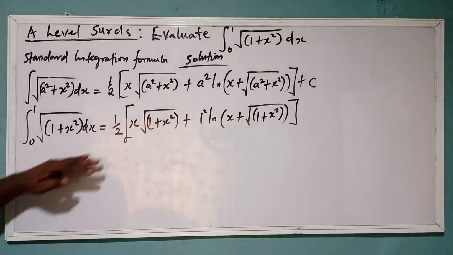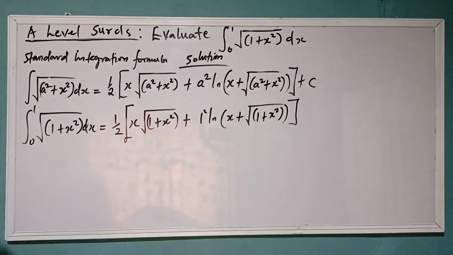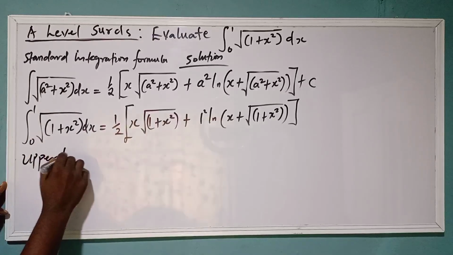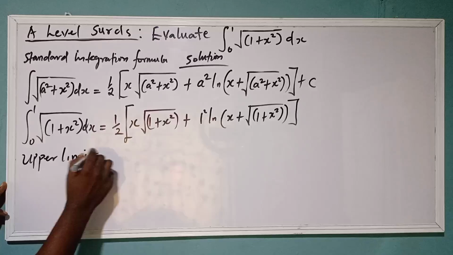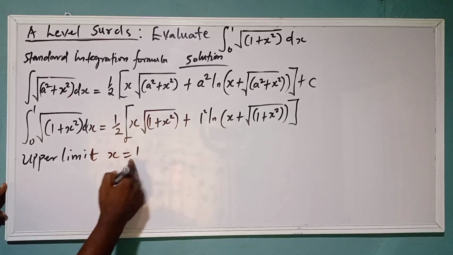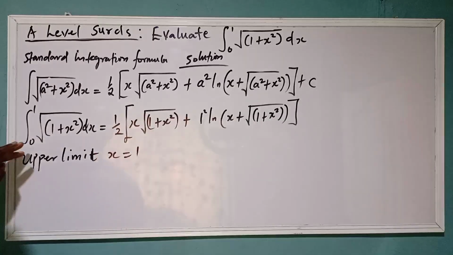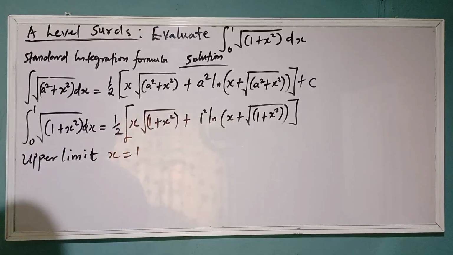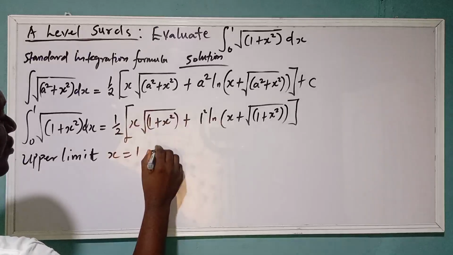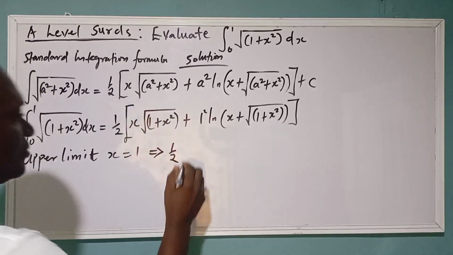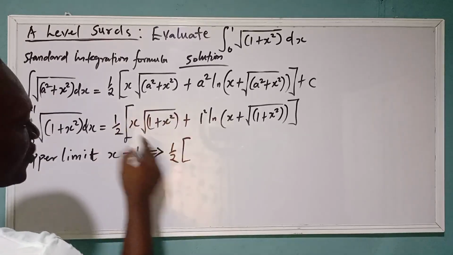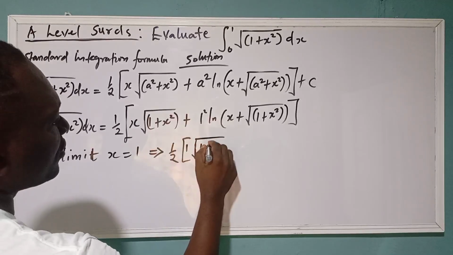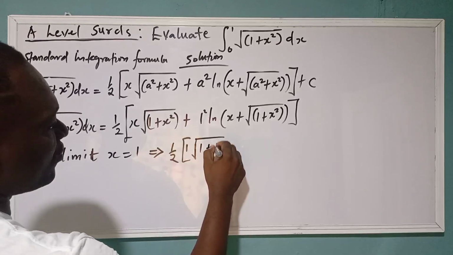All right, so if this is complete, then what we have to do now is to look for the upper limit. Upper limit as x is 1, right? So anywhere we see x, we'll substitute 1 into it for the upper limit. It tends to now 1 over 2 into x is 1, then square root of 1 plus 1 squared, which is still 1, right?